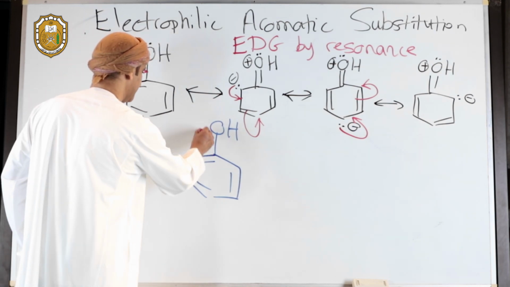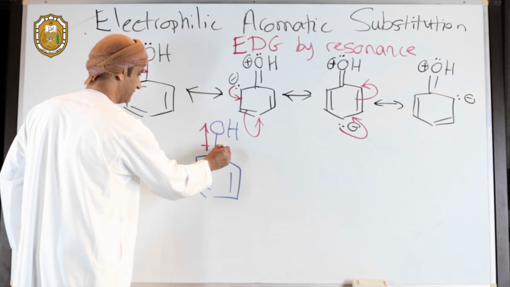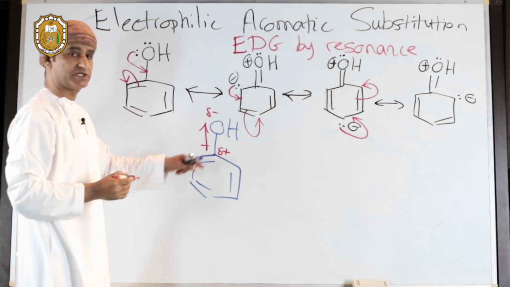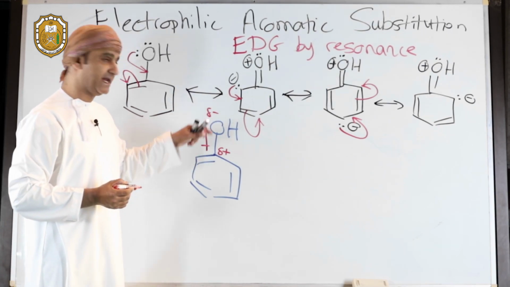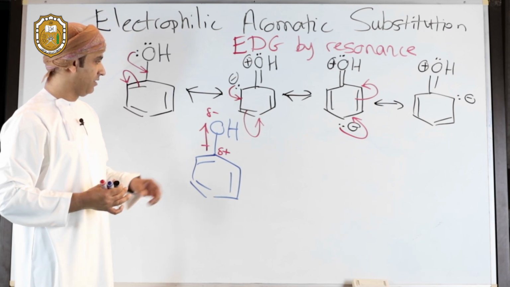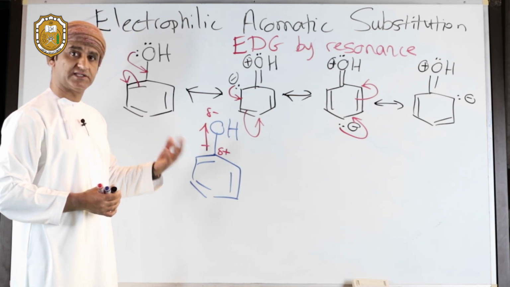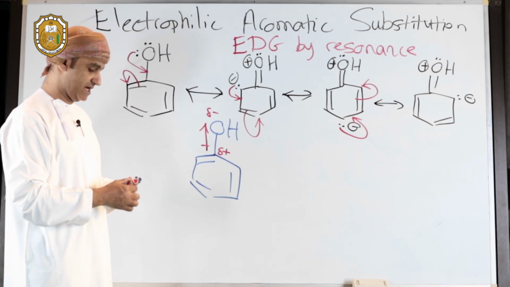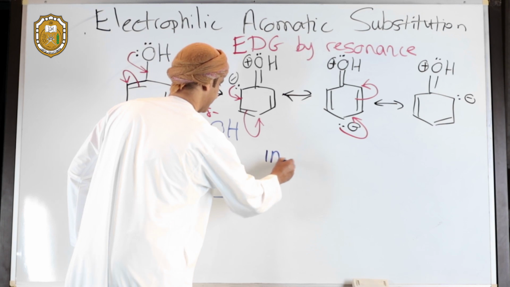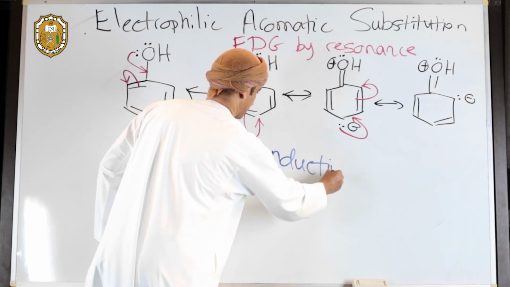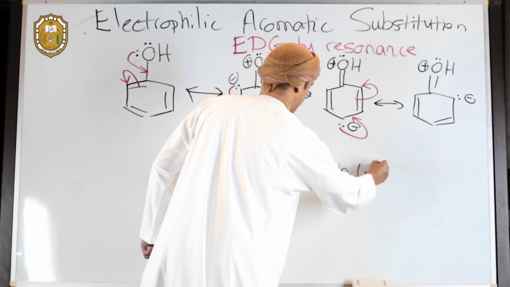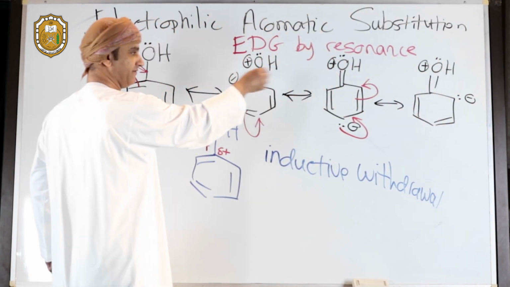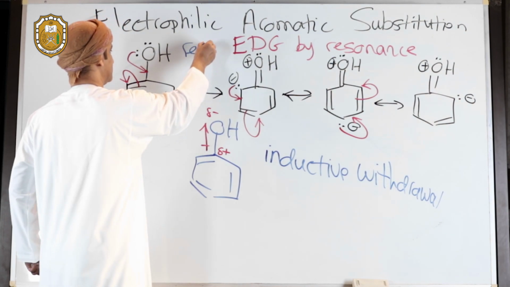So if this happens, this leaves a partial positive charge on this carbon and a negative partial charge on oxygen as a result of this inductive effect. So it's actually inductive withdrawal, and obviously what we have done before is resonance donation.